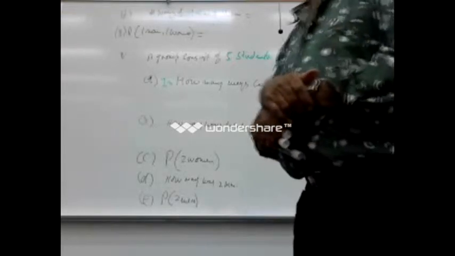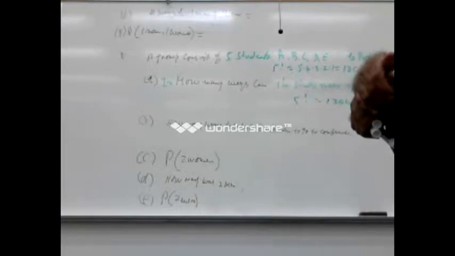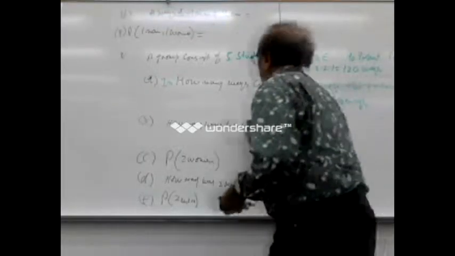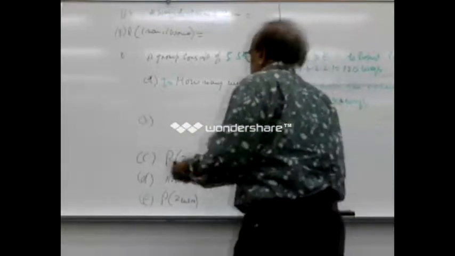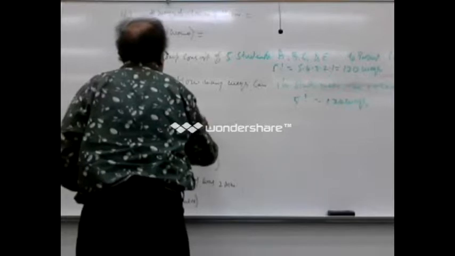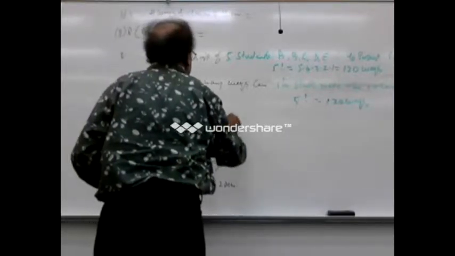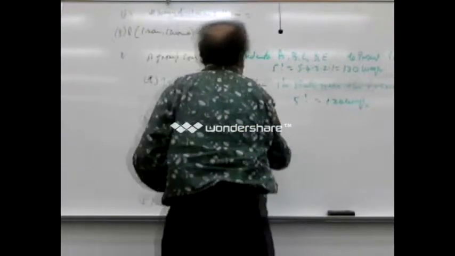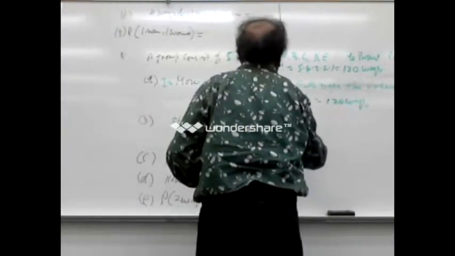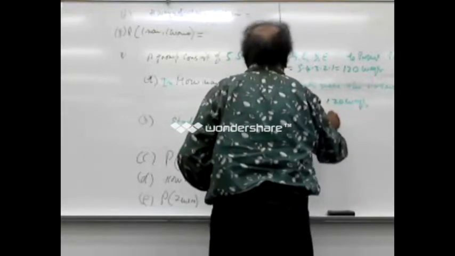You have student A want to present first, and student B go last. Let's say you put some condition here. Let's say student A present first, and student E present fifth, last.